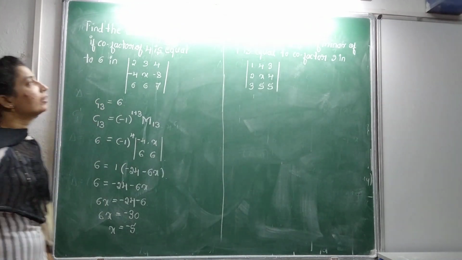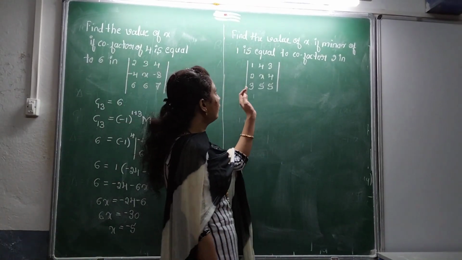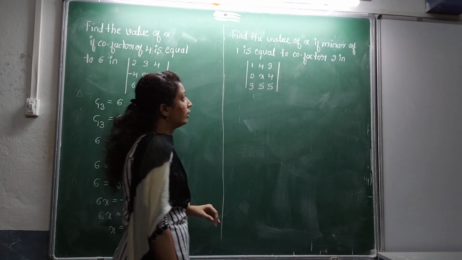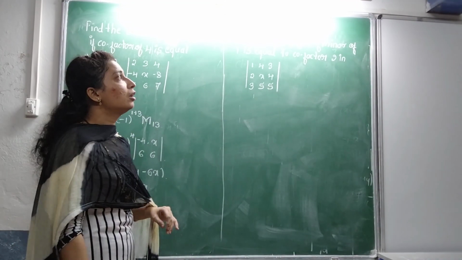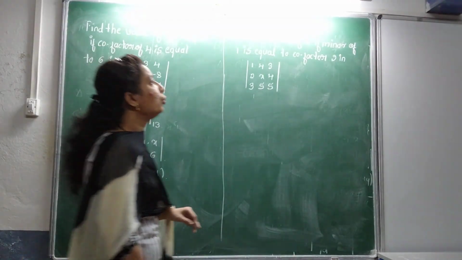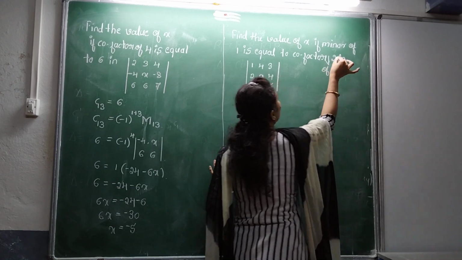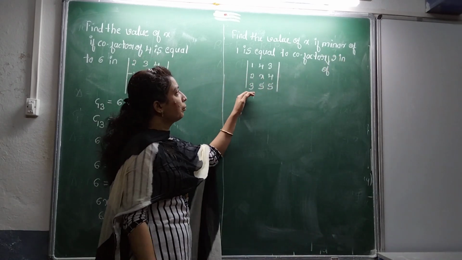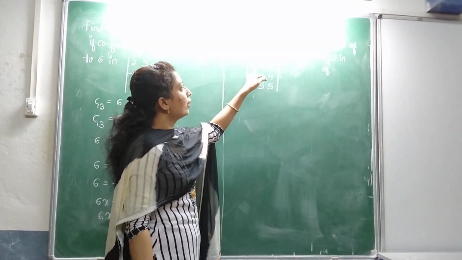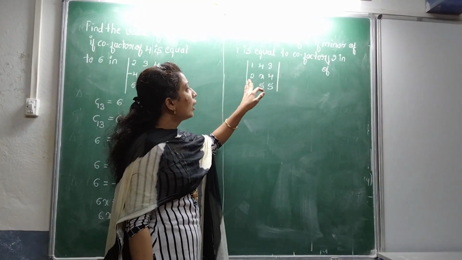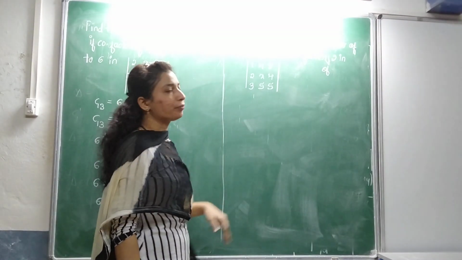5. Then the next example is: find the value of x if the minor of 1 is equal to the cofactor of 2 in the given determinant. The given determinant is 1, 4, 3, 2, x, 4, 3, 5, 5.